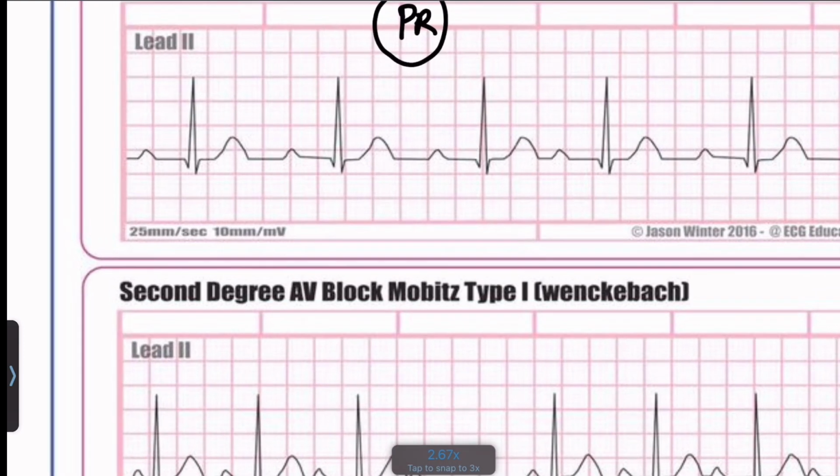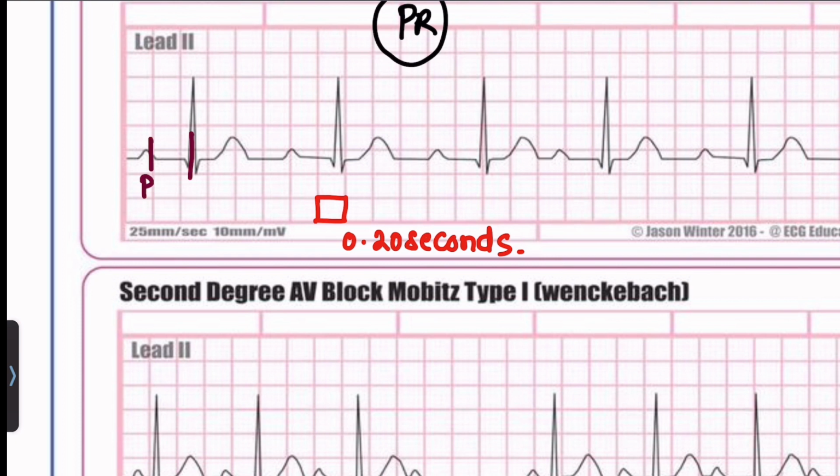So let's see, one big box is equal to 0.20 seconds. Here, let's count. The gap between the P wave and the R is more than one large box, which means it is more than 0.20 seconds.